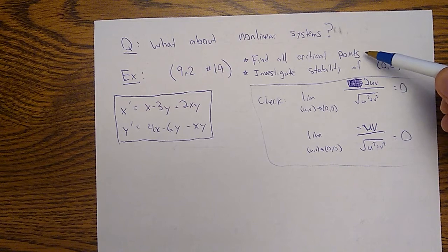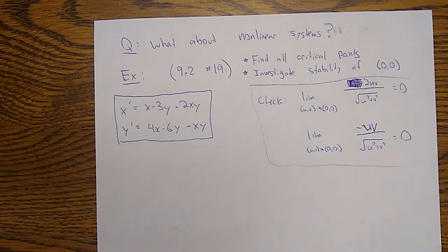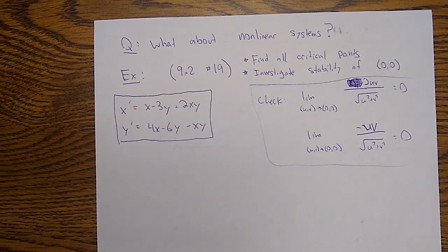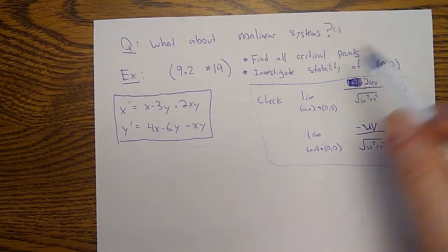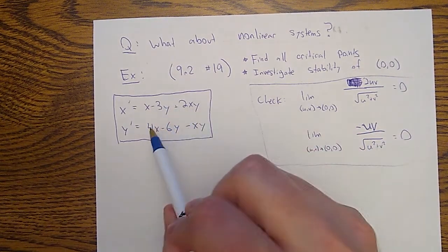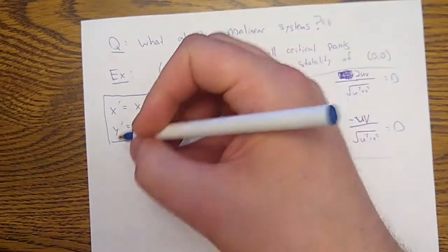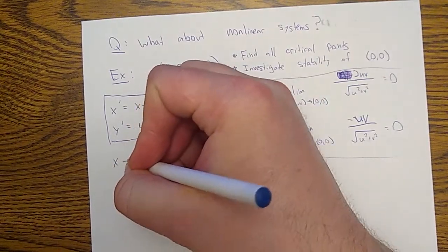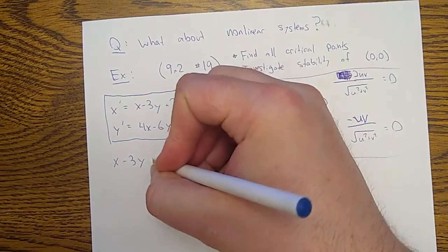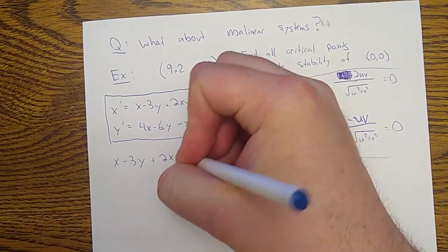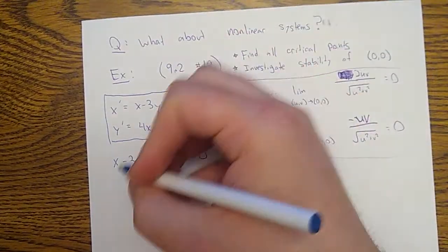Let me just find all the critical points first, because I don't need to talk that much before I do that. Critical points, once again, are just when these equations are both 0. So this is a neat exercise that goes back to, really, you could say, elementary algebra.